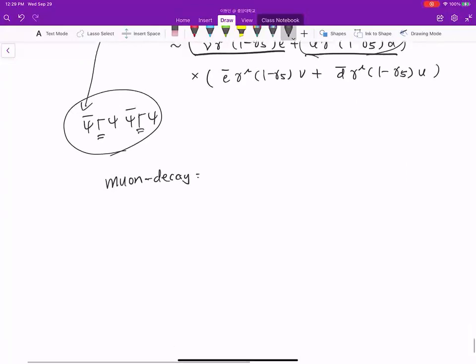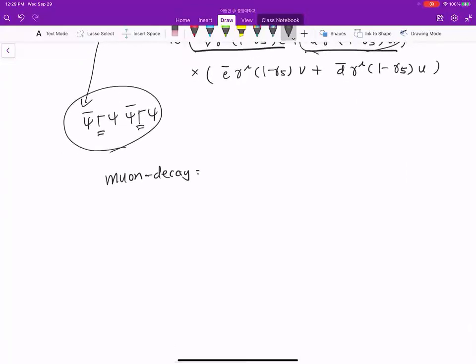For beta decay, Fermi introduced the effective interaction with the Fermi constant G. Here is muon decay: the muon goes to an electron plus an electron antineutrino and a muon neutrino.